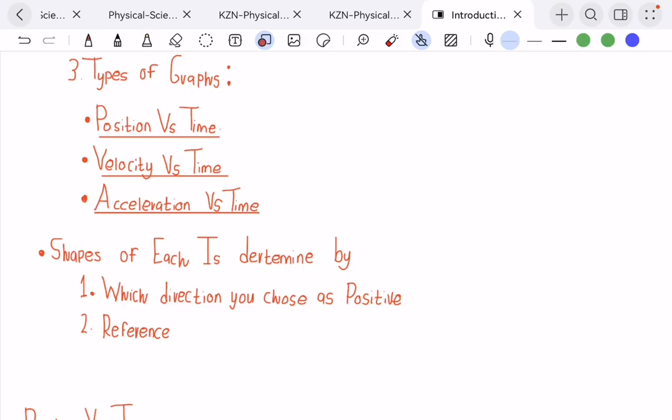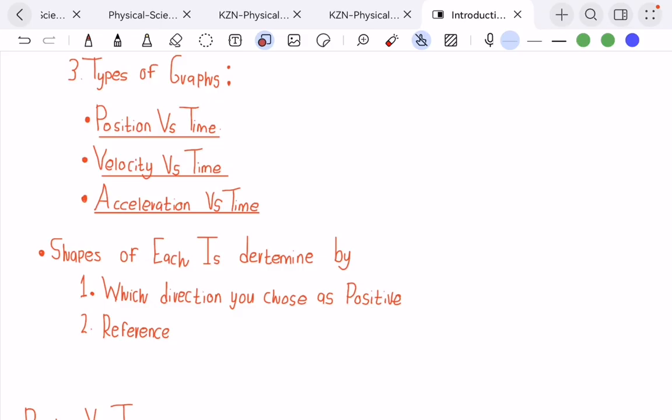Remember, this is vertical projectile motion and you are dealing with vectors, so you must always indicate the direction that you're going to choose as positive. I mentioned that in my last video. Your direction is going to affect how your graph is aligned in the Cartesian plane. But I'm going to go further with that when I'm explaining the graphs, right?